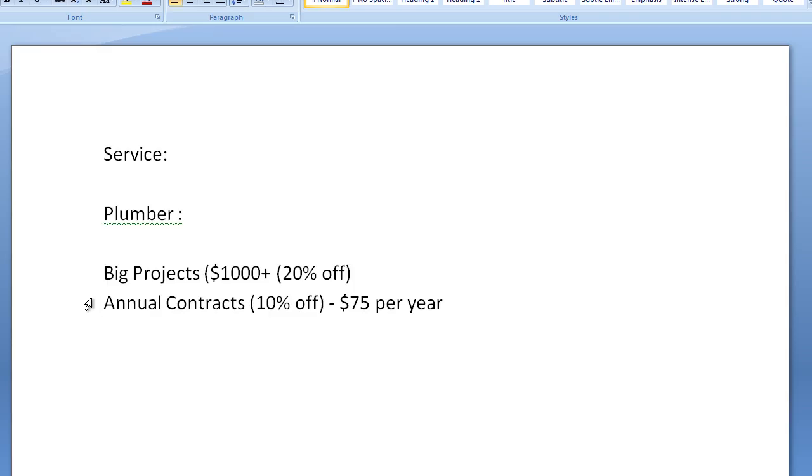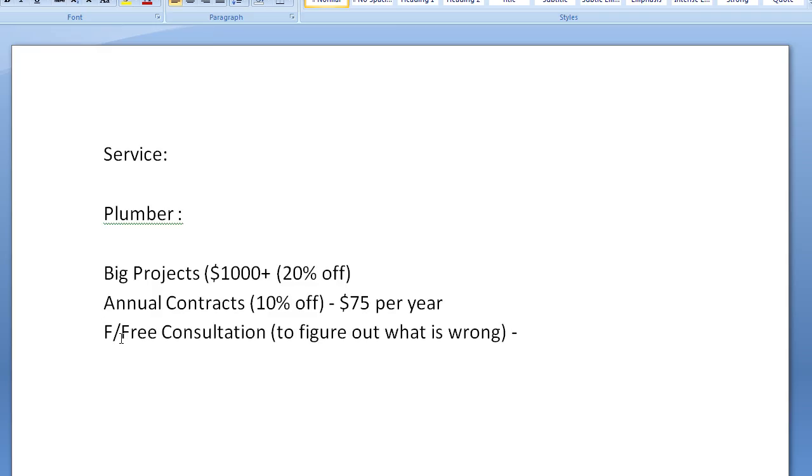That could be the front-end offer, and the free consultation maybe. A lot of times local contractors will do free consultations to get your foot in the door, to figure out what is wrong with the person's house as far as plumbing or local contracting goes.